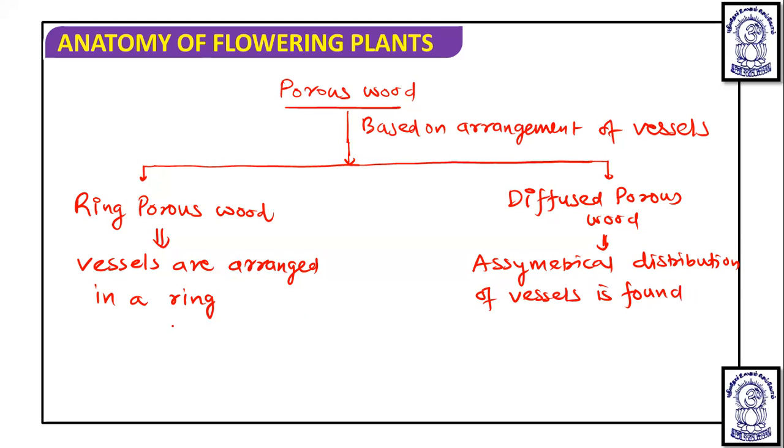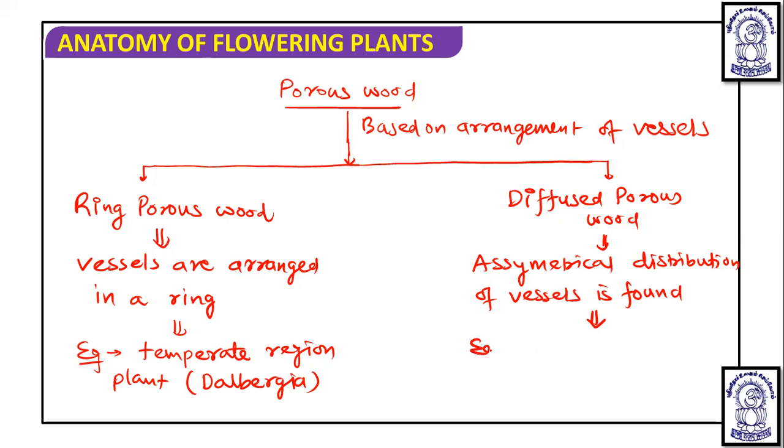If we talk about the ring porous wood, it is found in temperate regions, and a temperate region plant example is Dalbergia.